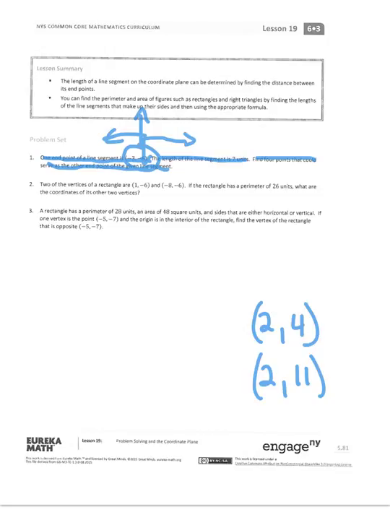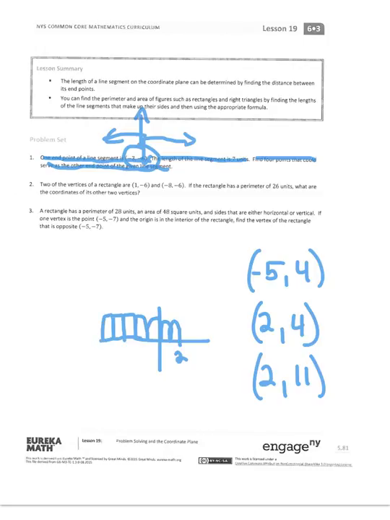So I'm going to go 7 units to the left. I'm going to end up at negative 5, 4. And I'm at negative 5 because if you remember, this is 2. I'm going to go 1, 2, 3, 4, 5, 6, 7. There's negative 1, negative 2, negative 3, negative 4, negative 5. And now I need to find one more point, and I can just decide what way I want to go.